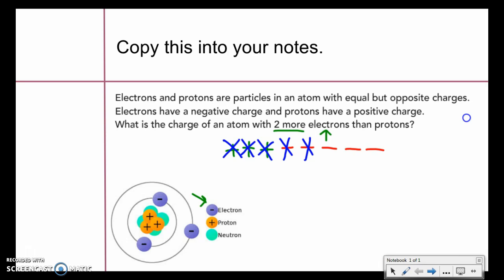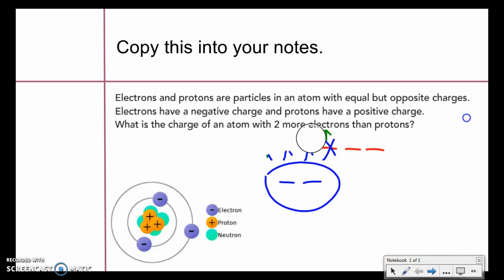And just like we did a minute ago, 3 positives and 3 negatives cancel each other out. So now you're left with 2 negatives, or 2 electrons. We know that electrons have a negative charge, so we'll be left with a negative charge because there's no positives to cancel it out. Okay? That might be a little bit confusing, but that's sort of what we're going to see in this unit a little bit, okay?